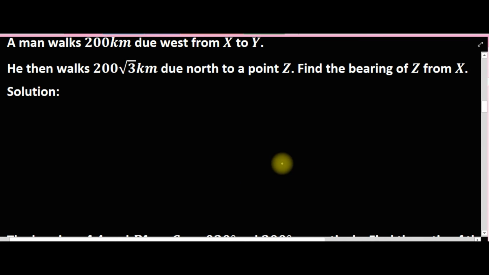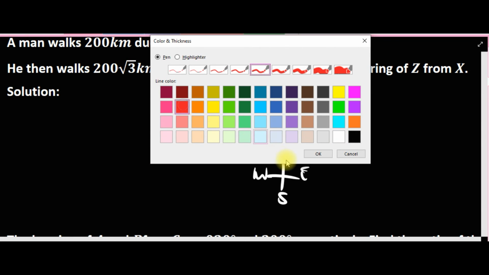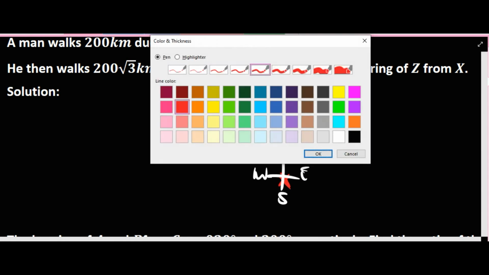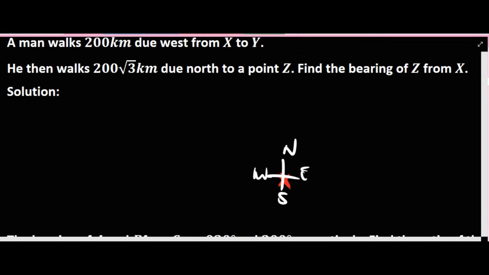So we have north, south, east, west, and here is our X. He walks from X to Y, from here to here.